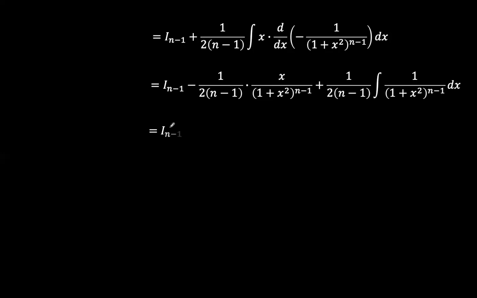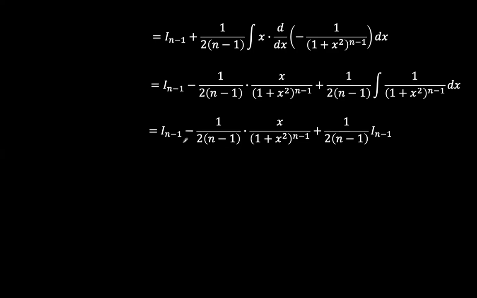So we now have I n is equal to I n minus 1 over 2 times n minus 1 times x over 1 plus x squared to the power n minus 1 plus 1 over 2 times n minus 1 times I n minus 1. So this and this can be brought together.